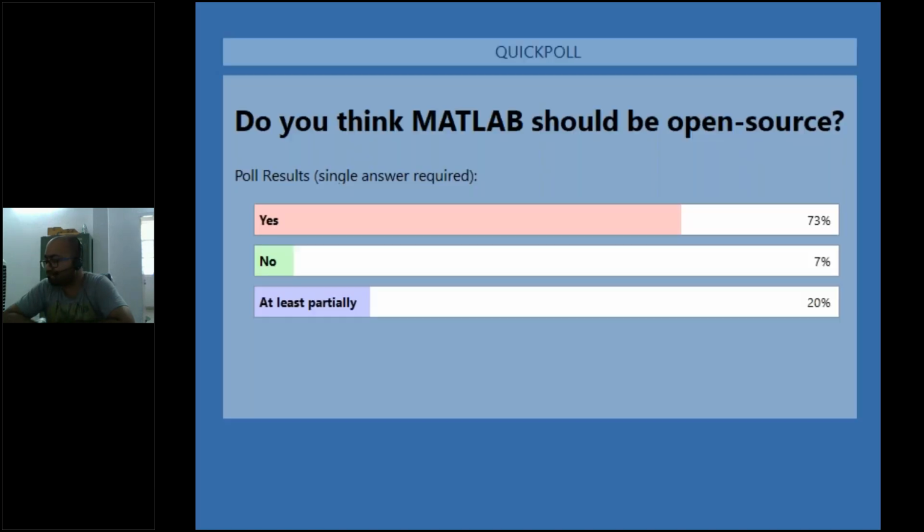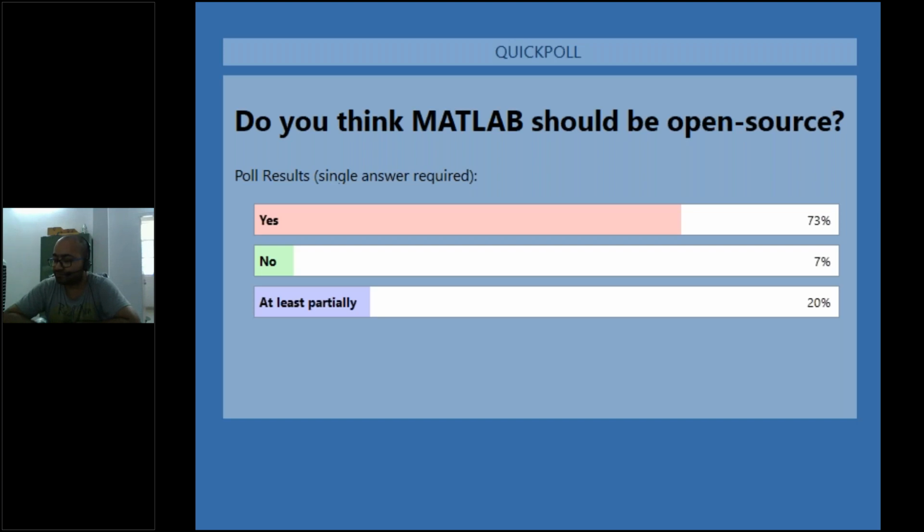So 73% goes with yes, it should be open source. It is obvious. MATLAB is used by almost everybody in the mathematics, engineering and science domains.